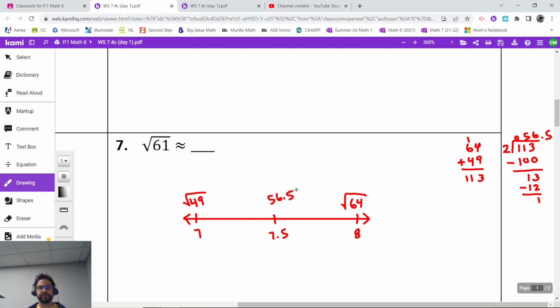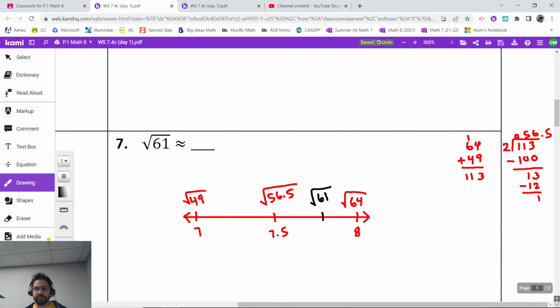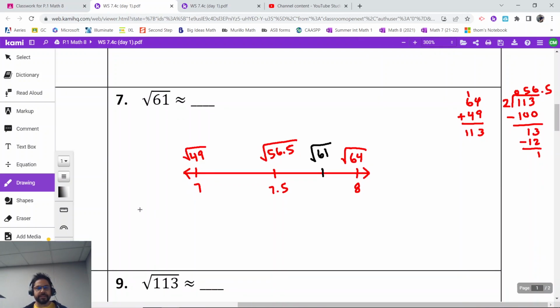But I'm not too sure if we even really need to do that, at least on this one, because we know that the square root of 61 is pretty close to the square root of 64. So we definitely knew already that it was an upper answer. And by upper answer, I mean, again, on the right side of 7.5. So that means our 7.6, 7.7, 7.8, and 7.9.